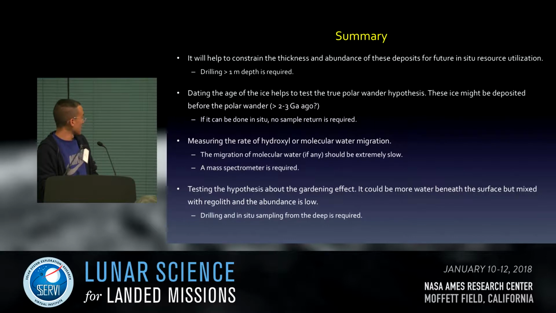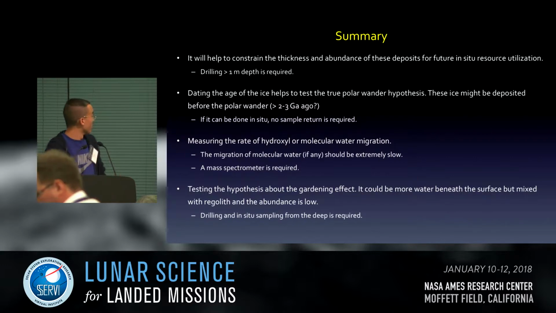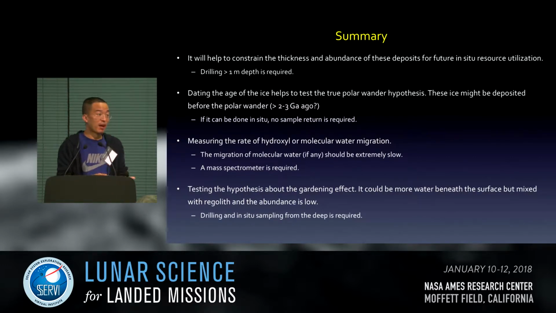We predict the migration of those molecular water should be very slow. We can also test the hypotheses about gardening effects. It could be more water beneath the surface, so if we can drill, we can determine whether there is ice beneath the surface. So that's it. Thank you.